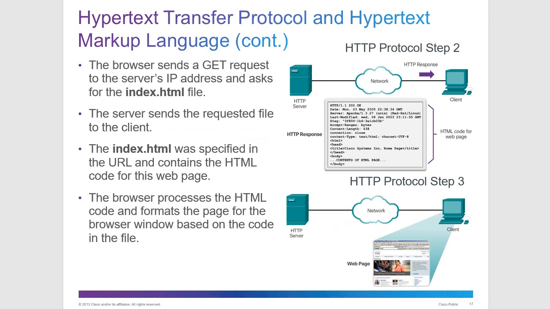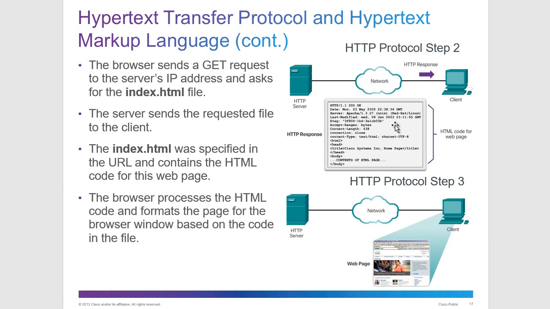So step one would be to get the DNS resolution of your URL. Then your client is going to send a GET request to the server's IP address asking for a certain file. The server is going to respond, and it may look like code something like this. As it's being sent back to your computer, your client's going to receive this HTML code and format it so that it looks like the web page you requested.